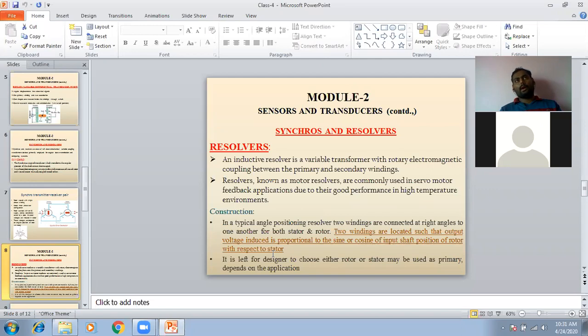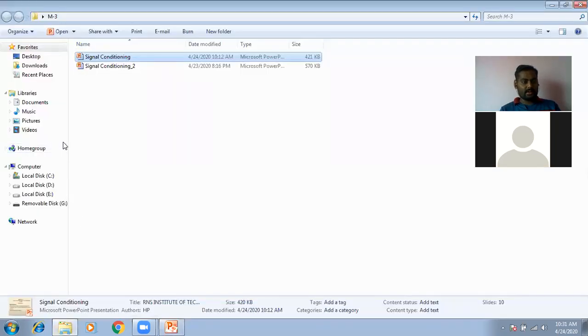Once the rotor starts to rotate, the voltage will be induced in the stator, and the magnitude of the voltage is always the sine or cosine of the input. Right, so I will show one diagram with respect to this so that you can understand in a better way.